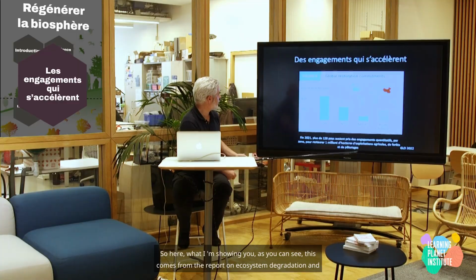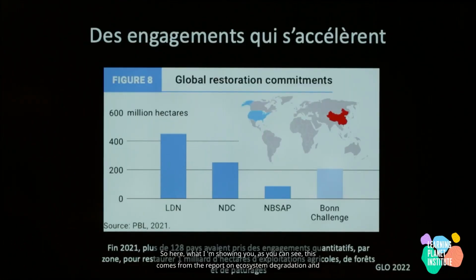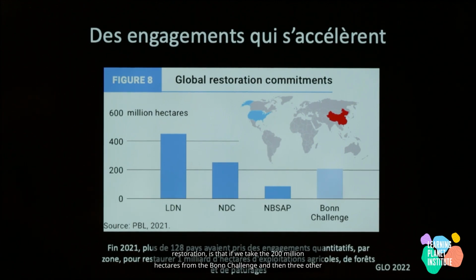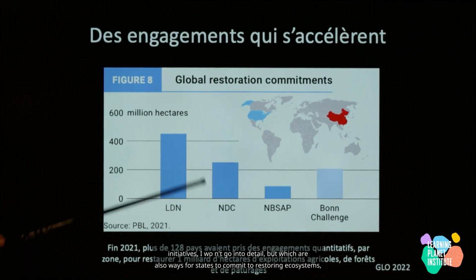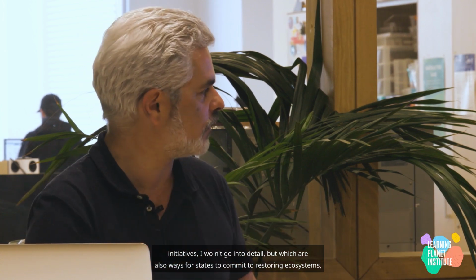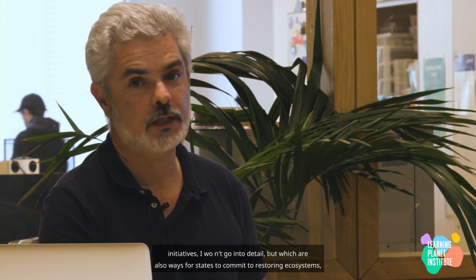So here, what I'm showing you, as you can see, this comes from the report on ecosystem degradation and restoration, is that if we take the 200 million hectares from the Bonn Challenge and then 3 other initiatives, I won't go into detail, but which are also ways for states to commit to restoring ecosystems.